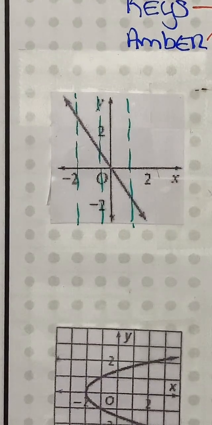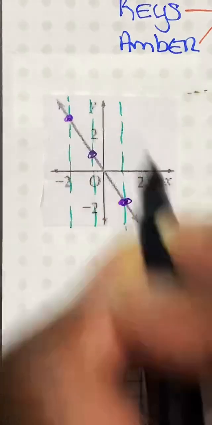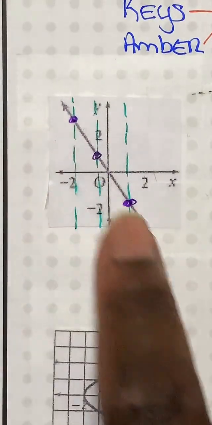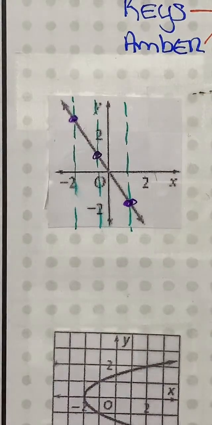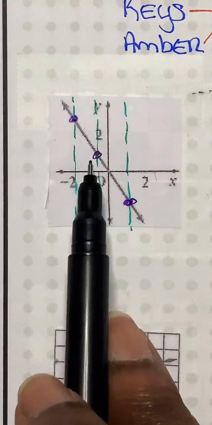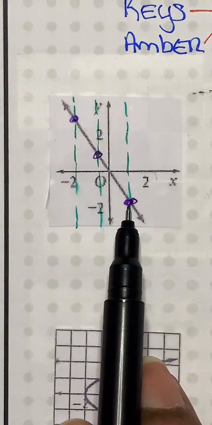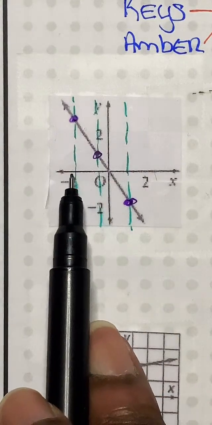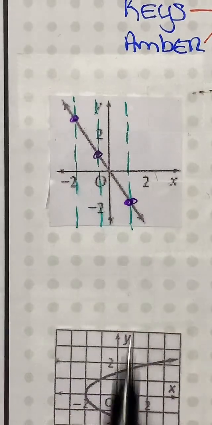All right, so if you notice, there's a point right here where it intersects, a point right here where it intersects, and a point up here where it intersects. So that means this graph hits my vertical line only once, and that's what we want. So that's telling me this x of -2, this x of probably -1/2, and this x right here at 1, we only have one value of x that is hitting this graph. So yes, this is a function.